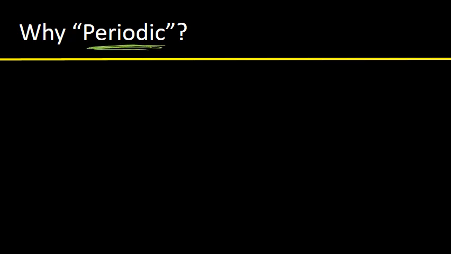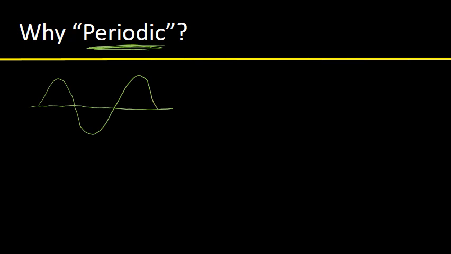Right? So periodic in this case refers to the same kind of phenomenon as we had in math, where we talk about periodic functions like sine and cosine. So a sine function looks like that, and a cosine function.